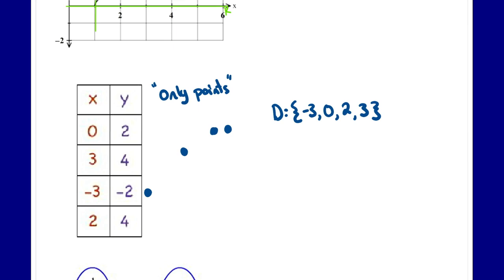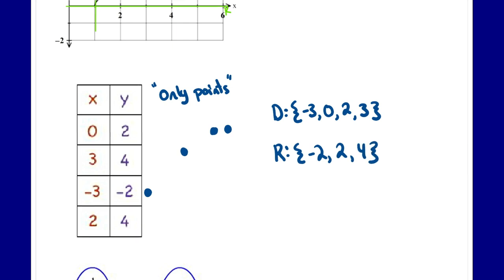So when we have a table of values, all we're going to do for domain and range is literally list the x values and list the y values. For range, I'm going to list the y values. So we have the lowest, -2, 2, and 4.